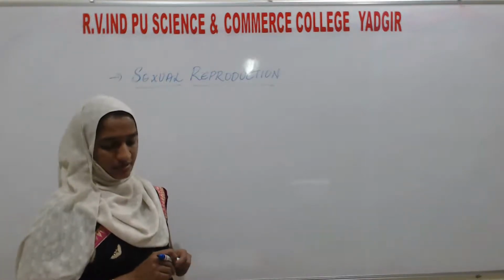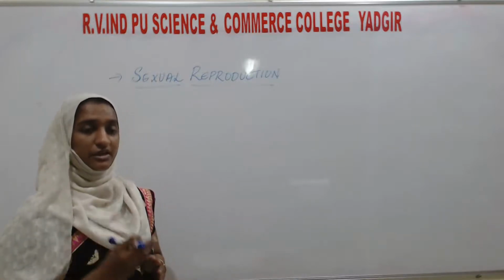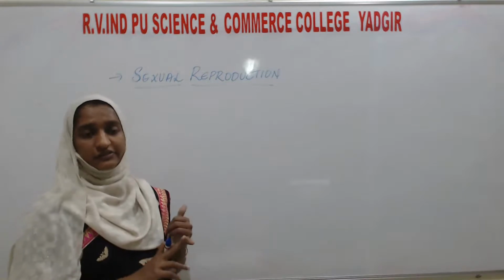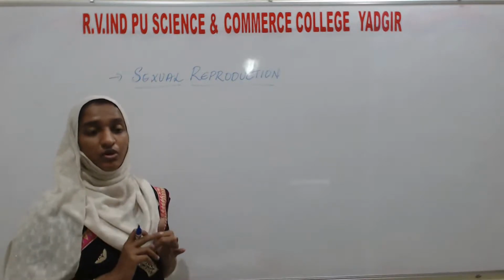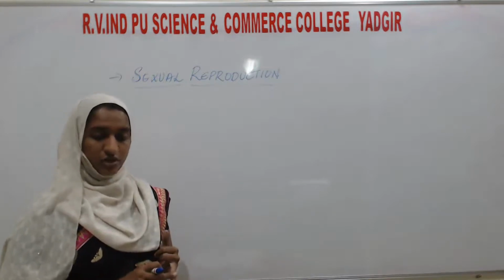Now we will discuss sexual reproduction. First of all, what is the meaning of sexual reproduction? It involves the formation of gametes. This is the first point. Second point, it involves the fusion of gametes. Formation of gametes, then fusion of gametes.